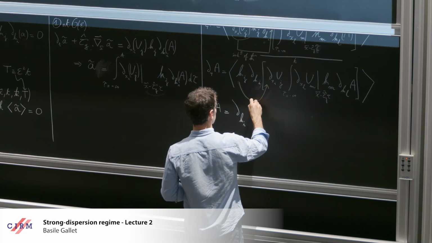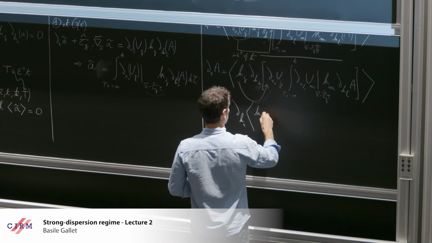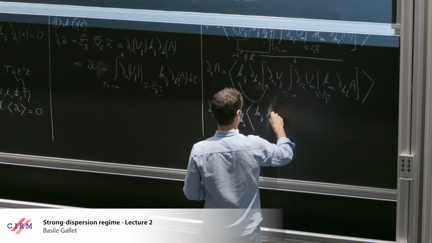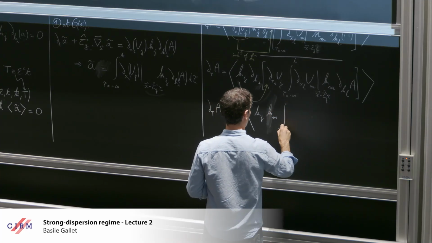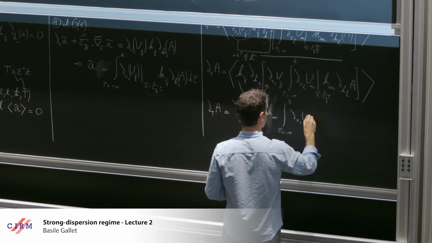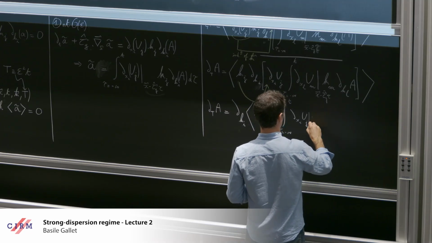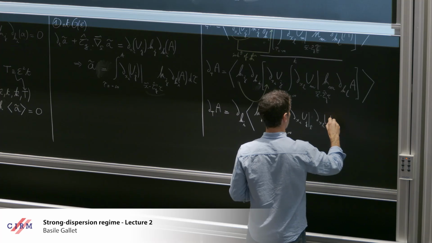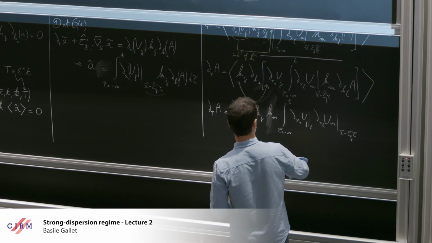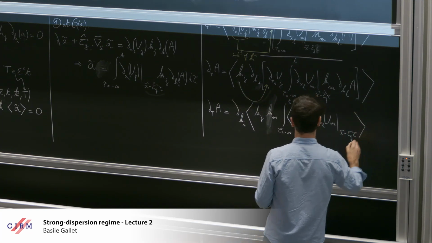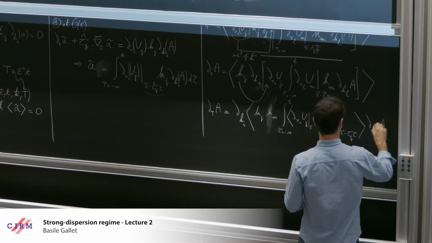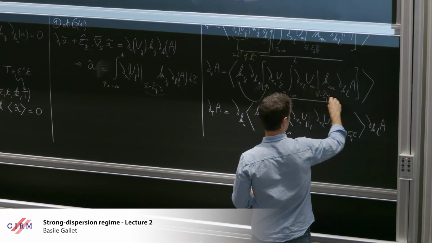And then I have kj, km, integral tau equal minus infinity to t of dxi uj at x, dxl um at x minus cg tau, and this thing here is space averaged, and then I have a dkl of A, and I'm averaging over time, over fast time t.